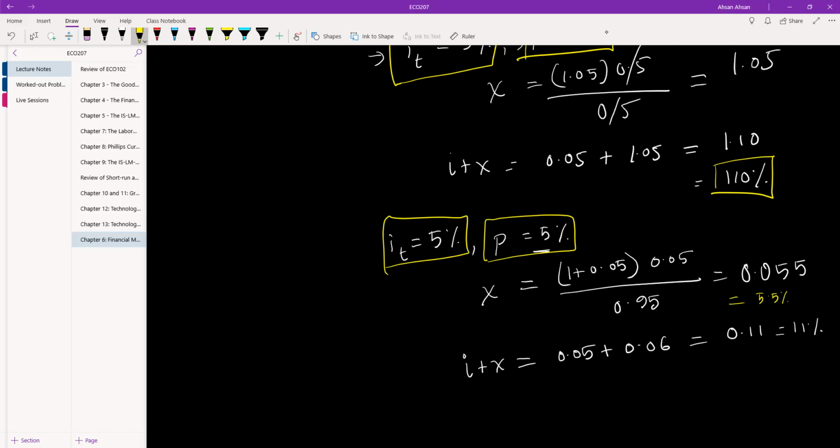So 5% plus 5.5% equals, I mean, we've rounded up here. If I kept it at 5.55, what we would see is that you will require 10.5% interest. So that's the extra interest you demand to take the extra risk.